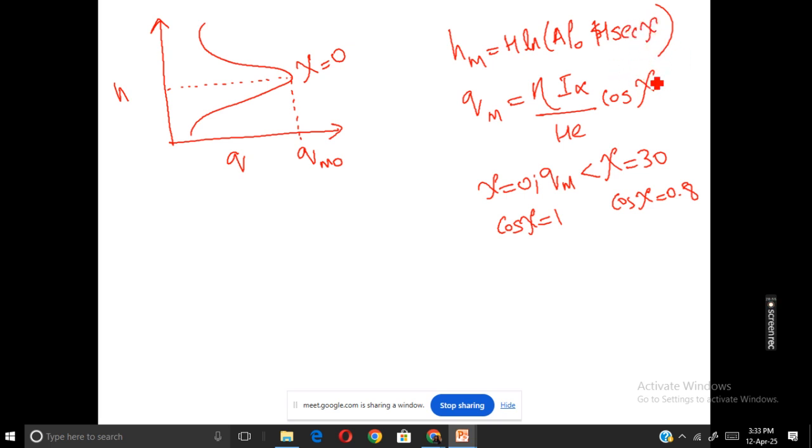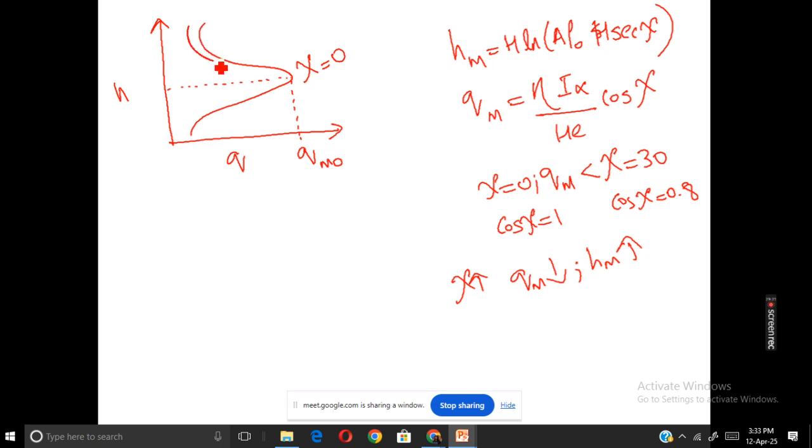So as the denominator is 1 in the initial case, and in the second case the denominator becomes 0.8, the value is greater than 1, it is 1.25. So Hm will be increasing, whereas Qm will be decreasing. So as chi is increasing, Qm is decreasing, and Hm is increasing.